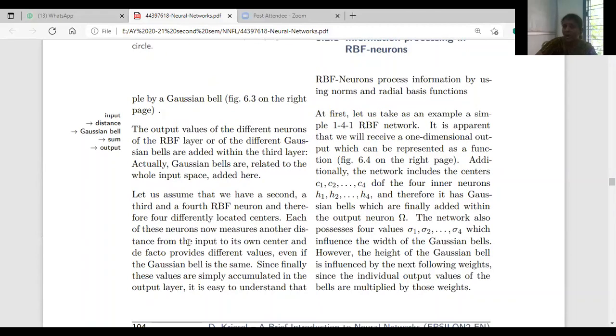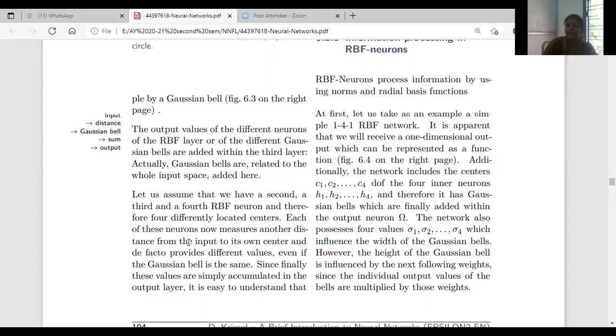So how is this information processed in the RBF network? The information is completely processed by using norm values and radial basis functions only.